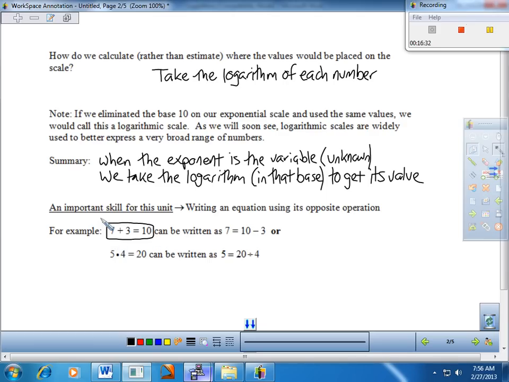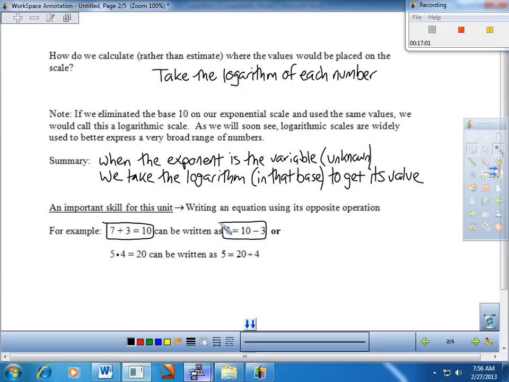This is a perfectly valid equation: 7 plus 3 equals 10. Now, this equation can be written using its opposite operation. If I bring that 3 over to the other side, as soon as the 3 travels beyond this equal sign, it changes from a plus 3 to its opposite, which of course is minus 3.